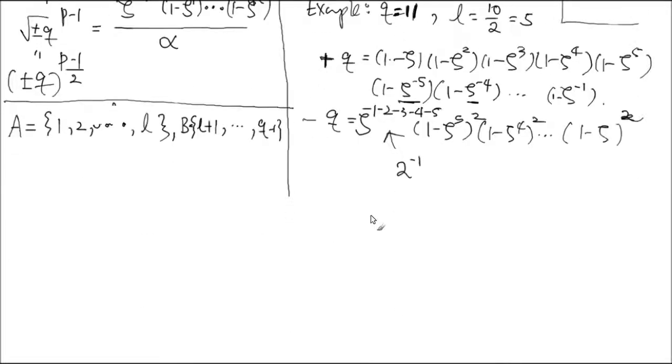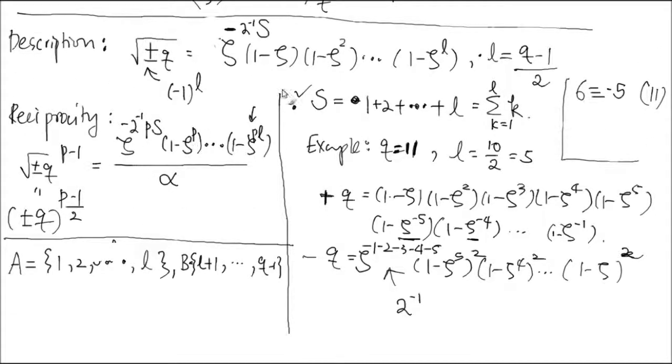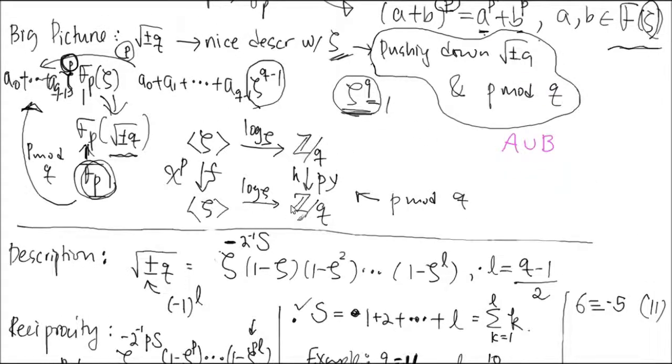But we are only interested in what happened to this A part when you multiply by P this way. So let's look at this Frobenius reciprocity action. We had 1 through L in the exponent, and now we multiply by P. That's the same thing over here in this vertical map. We have 1 through L in this part A, and then we're multiplying everything by P, which was the same as raising everything to the P power.